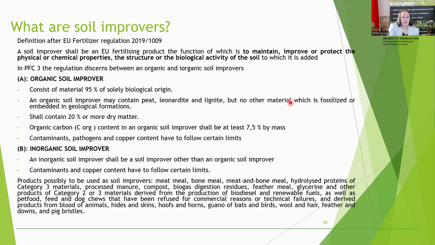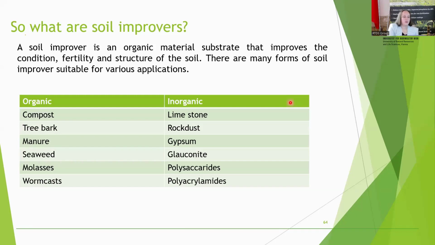And then an inorganic soil improver, it's quite nice because it's any other soil improver that is not an organic soil improver. And of course, you have again the limitations on contaminants and heavy metals, copper, like this. So then all the definitions are quite nice. But what are actual soil improvers?